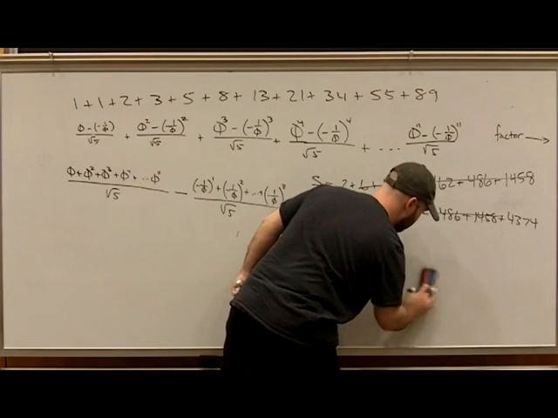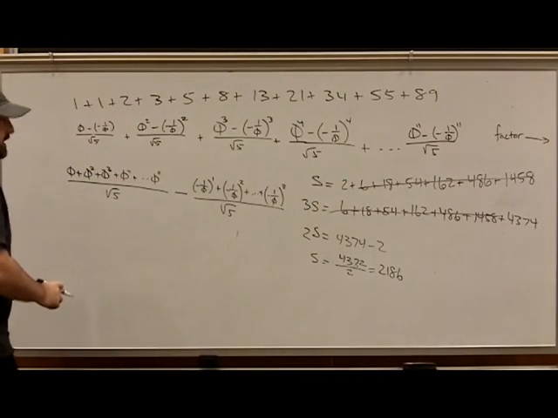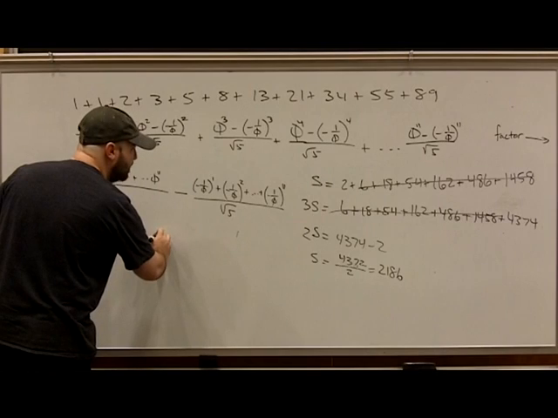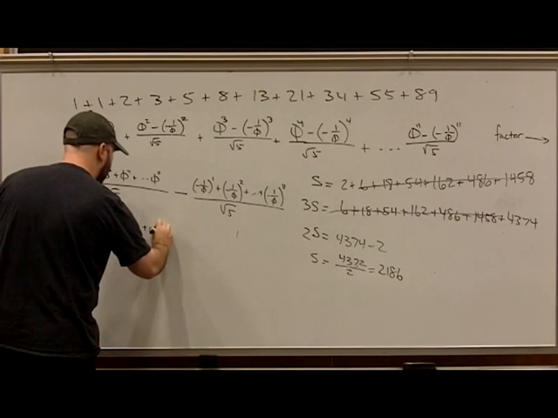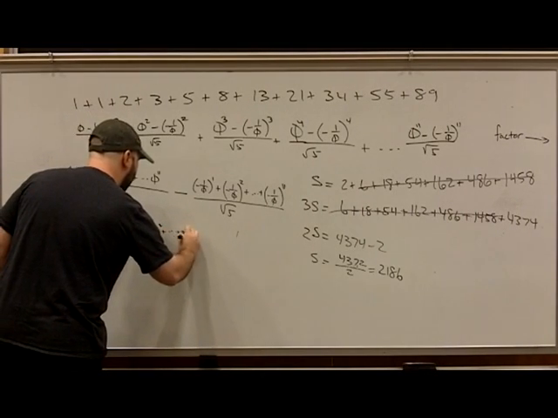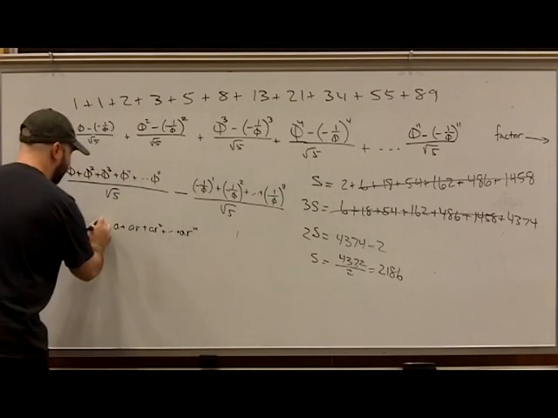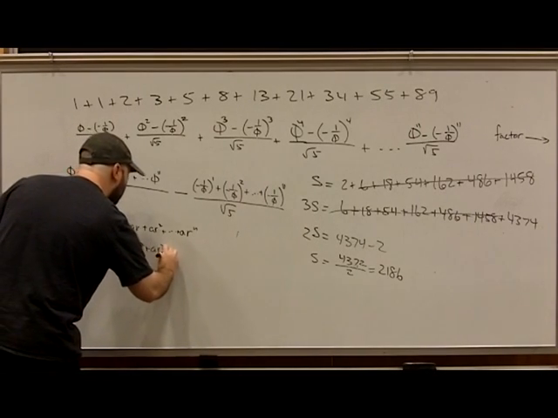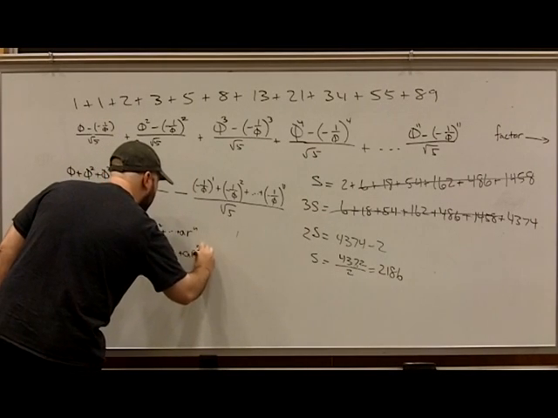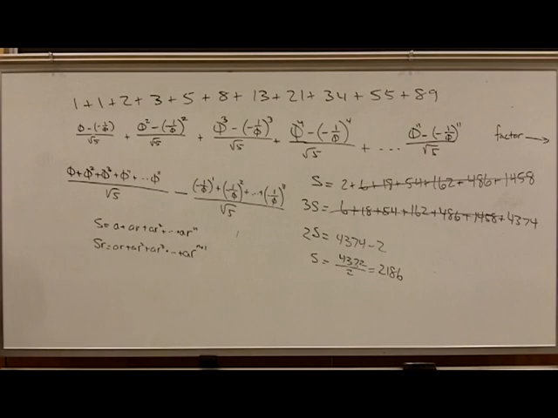But you know what? More generally, what we did right here is, if we have a plus ar plus ar squared all the way up to ar to the nth power, if we set this equal to S, multiply both sides by r, and then we subtract the second equation minus the first, we end up with Sr minus S equals ar to the n plus 1 minus a.